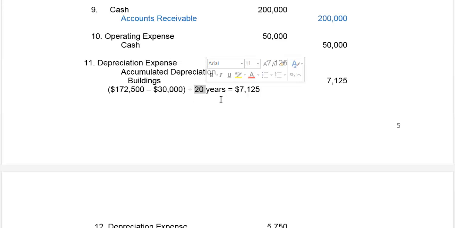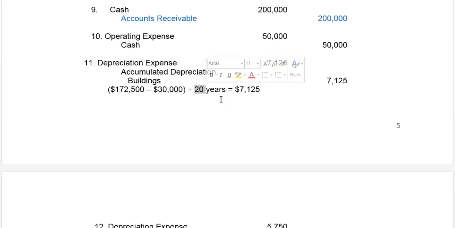Why are we doing this? Because depreciation represents an allocation of the cost of a depreciable capital asset. So all we're doing is allocating the cost of the building over the period that we have it, because those are the periods that the company will benefit from its use.